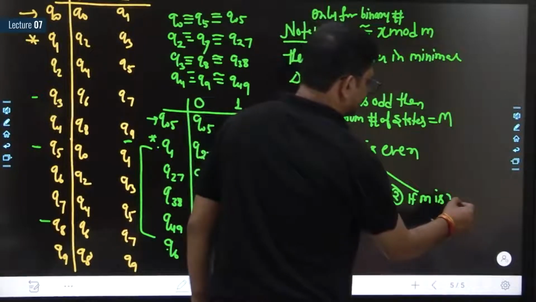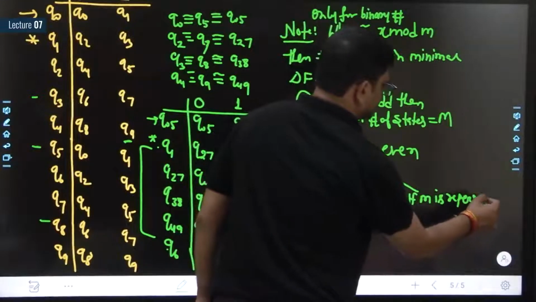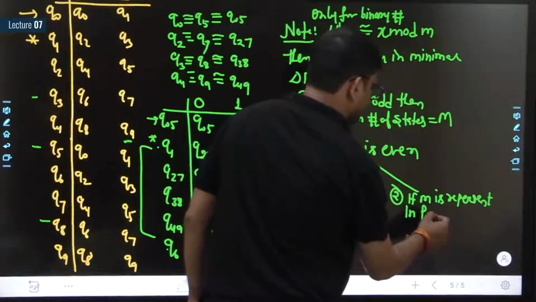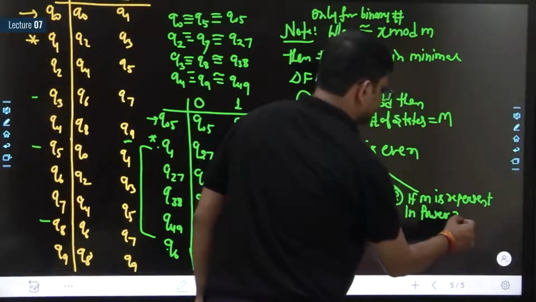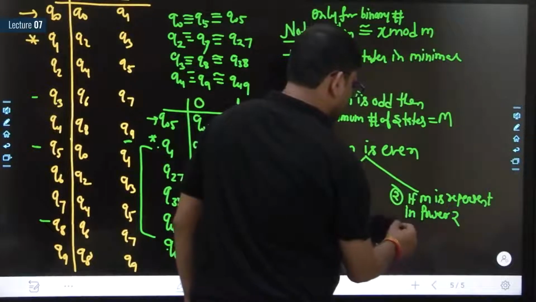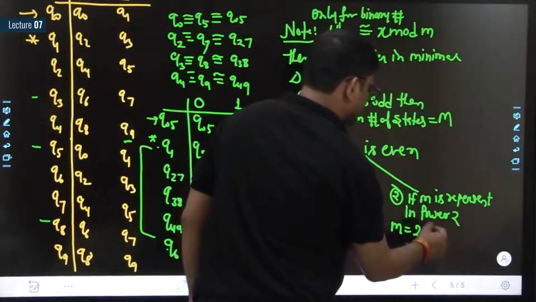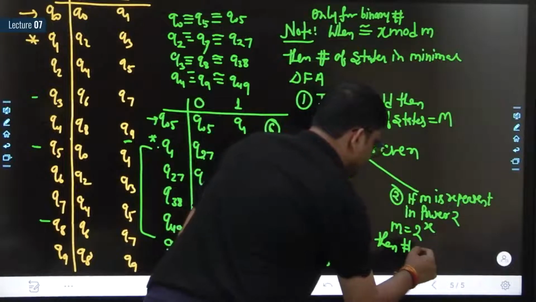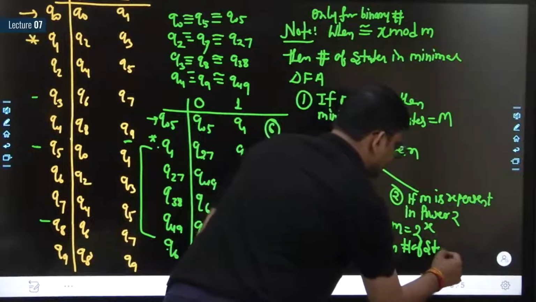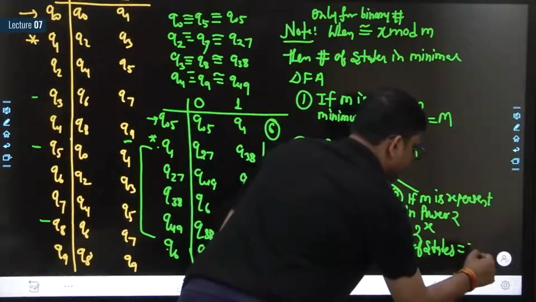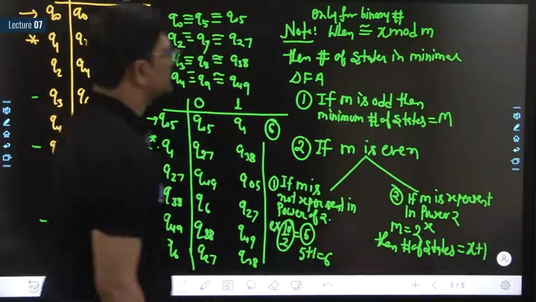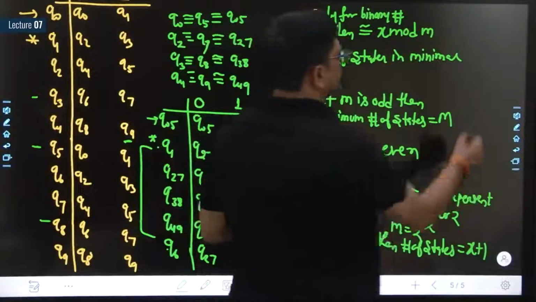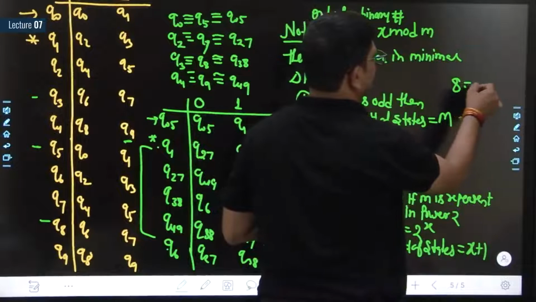If M is represented as a power of 2, M equal to 2 to the power x, then the number of states in the minimal DFA is x plus 1. When we divide by 8, we can represent 8 as 2 to the power 3.